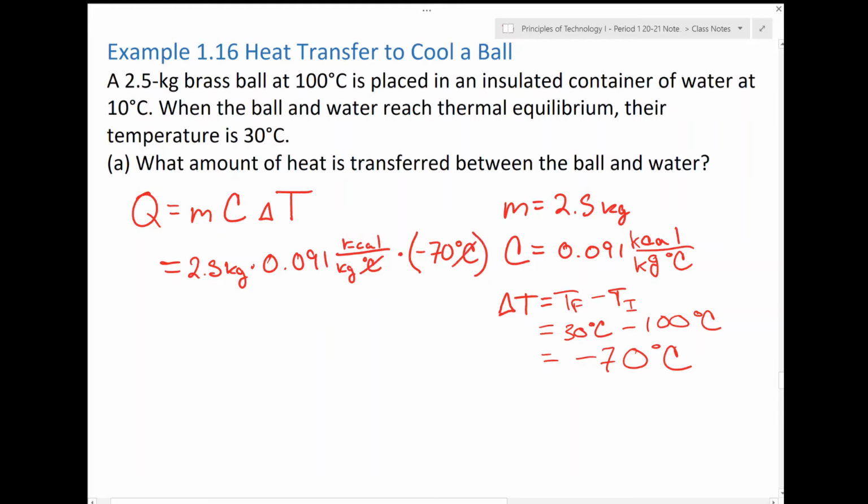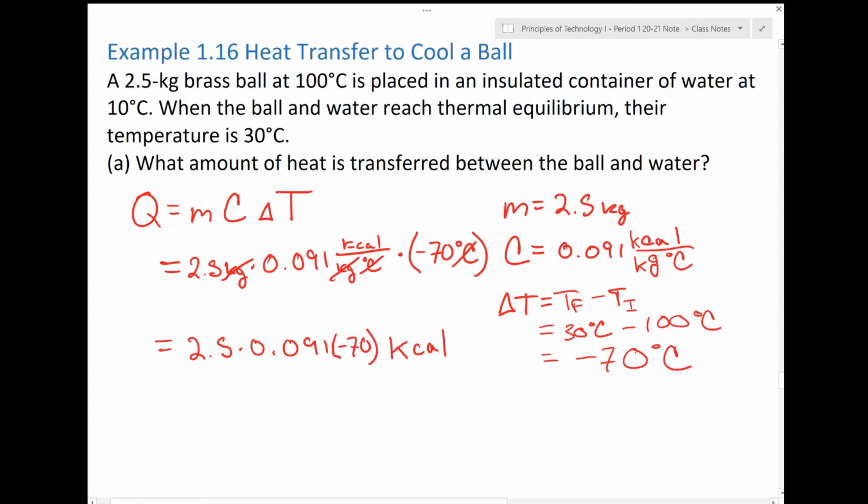The degrees Celsiuses will cancel out. The kilograms will cancel out, leaving our answer to be in kilocalories. And it's going to be 2.5 times 0.091 times negative 70.